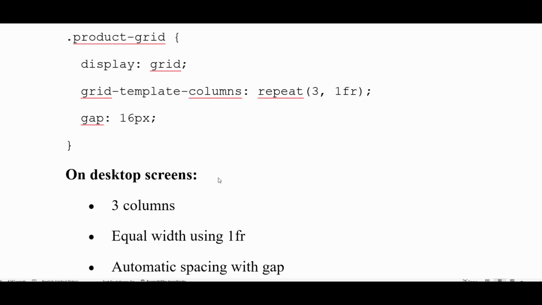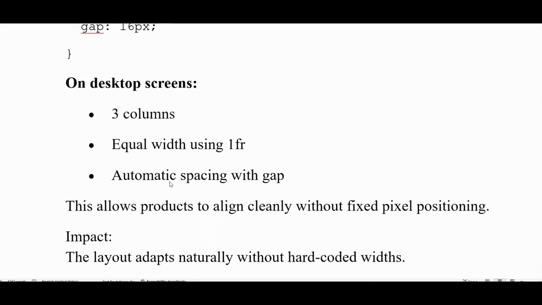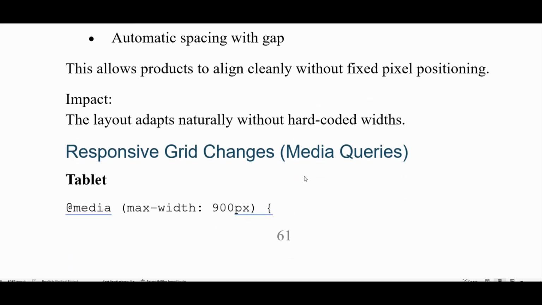On desktop screens, we see 3 equal columns using one fraction, with automatic spacing using gap. This allows products to align cleanly without fixed pixel positioning. Impact: the layout adapts naturally without hard-coded widths.